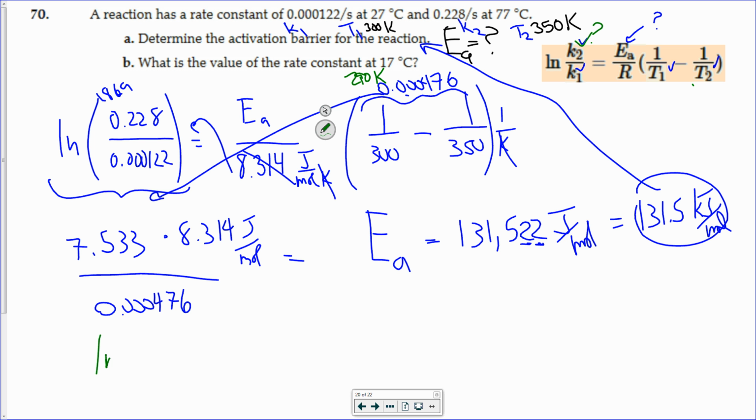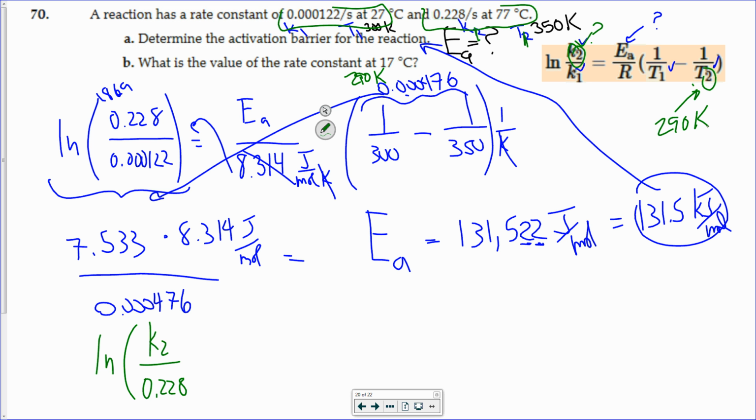So the natural log of K2, and it wouldn't matter which one of the other pairs we use. We could use this pair, or we could use this pair for the other one. I'm just going to choose the one with the bigger numbers because I don't want to write all the small numbers. So K1 is 0.228. So I'm calling this one set now K1 T1. This is going to be the one we're solving for, so our T2 for this one is our 290.